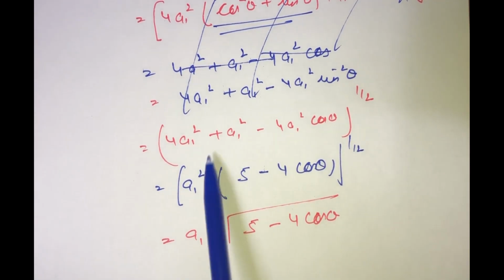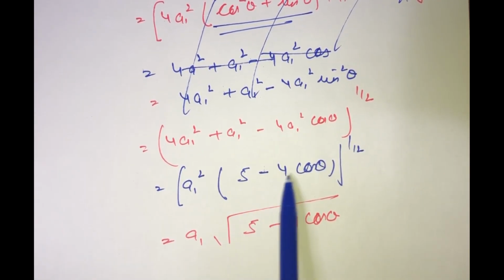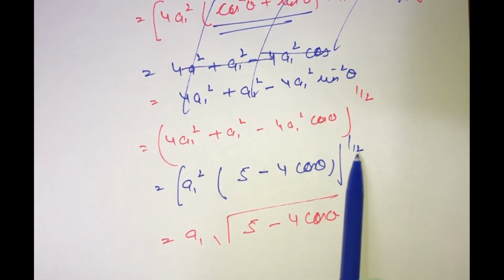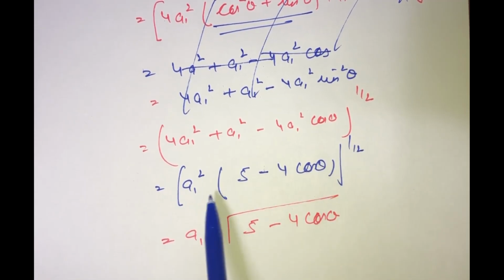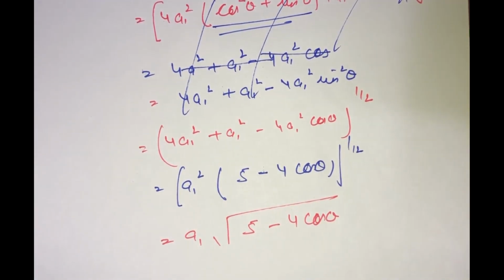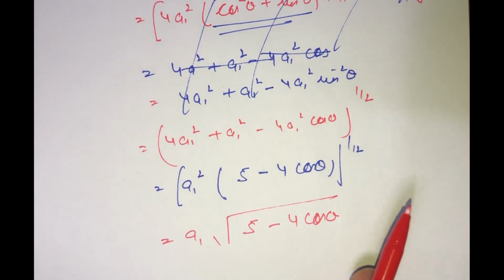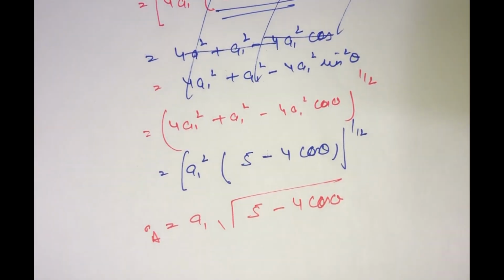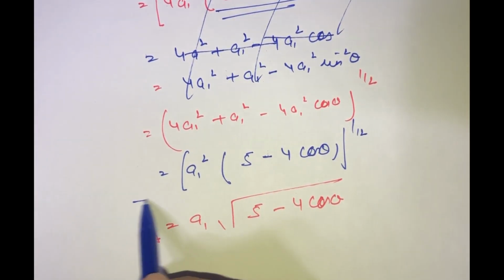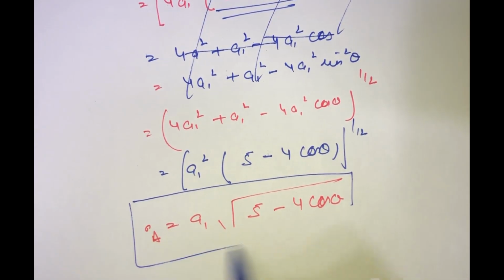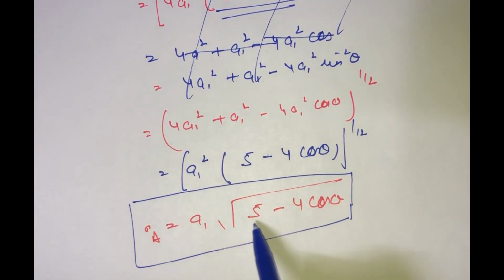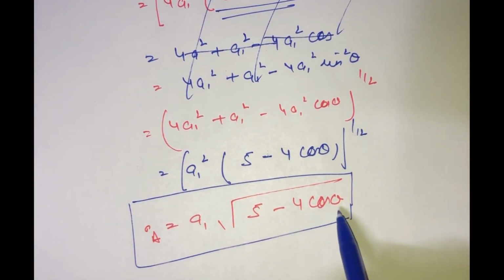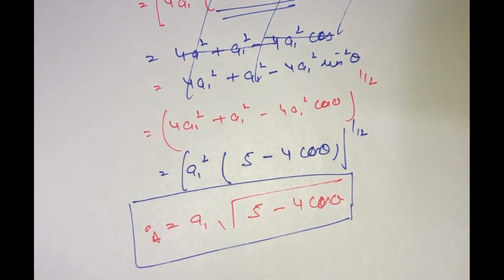Taking A1 square as common, we get A1 square times (5 minus 4 cos of theta), raised to power 1 by 2. Finally, the acceleration of block A with respect to ground is given by A1 times the square root of 5 minus 4 cos of theta. Thank you.